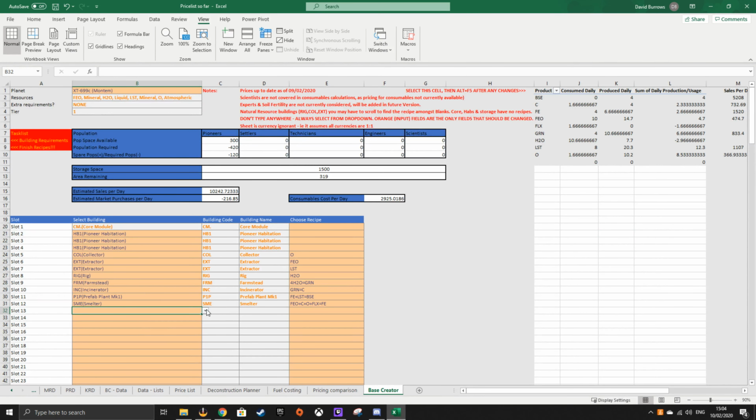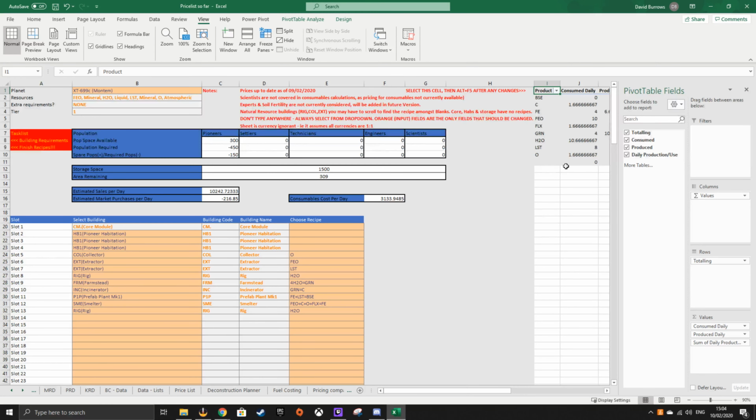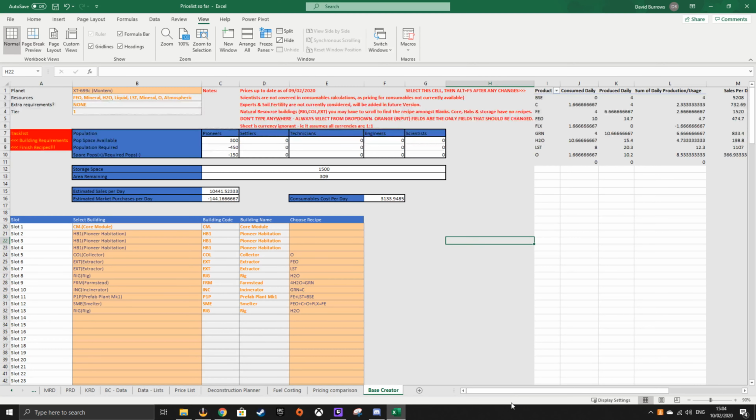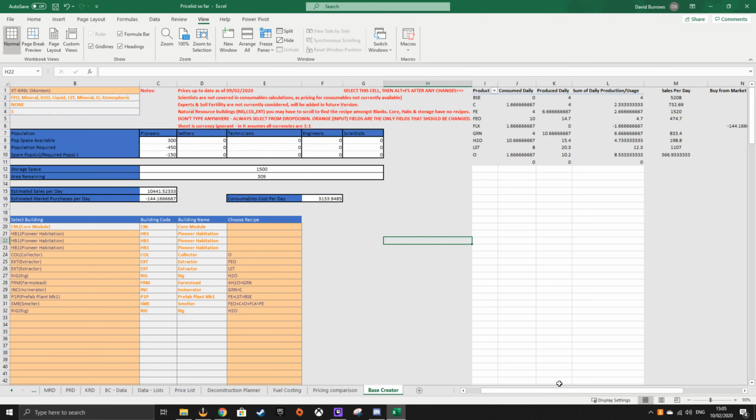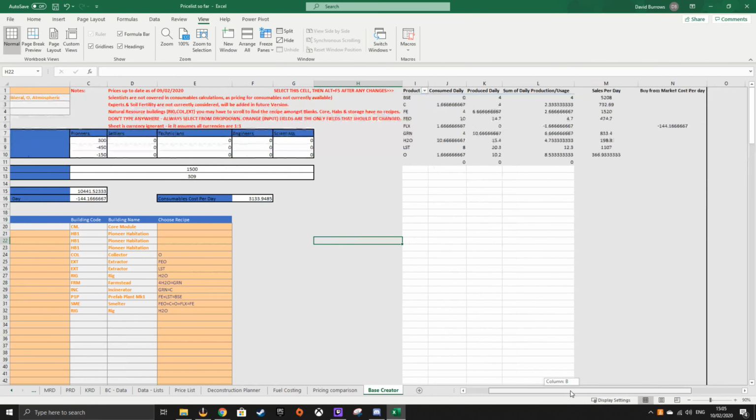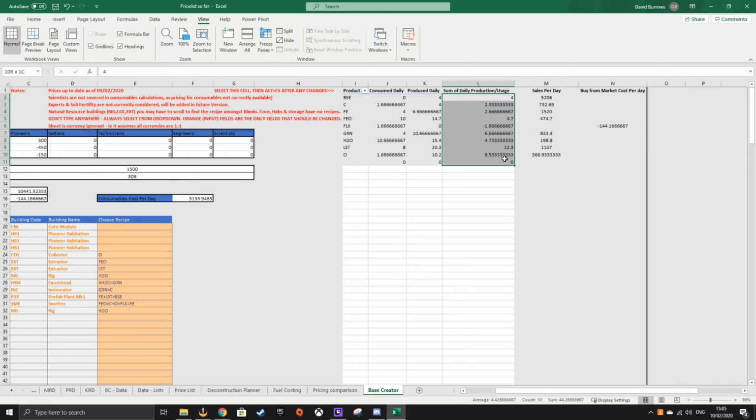So if we were to add in another rig and make that use water as well, and again we just need to Alt F5 on this, you can see there now that all of these are positive.